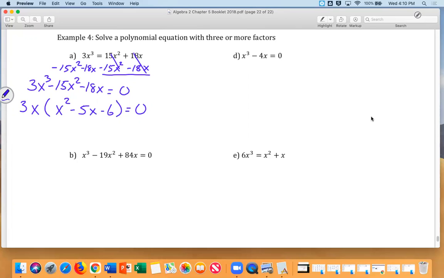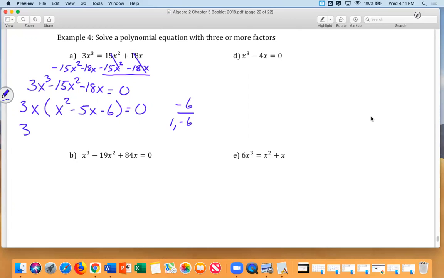What are the factors of negative 6 that add up to negative 5? Well, I know we're all going to want to say 2 and 3 because they add up to 5. But notice one's going to have to be positive, one's going to have to be negative. So I'm not going to get that 5 I'm looking for. The one I'm actually looking for is 1 and negative 6.